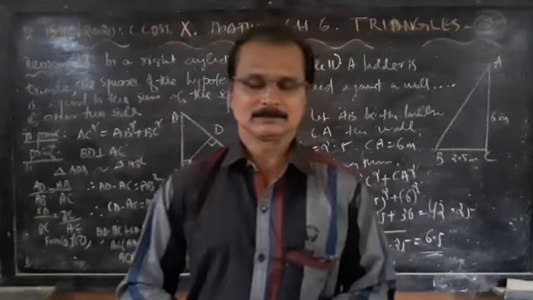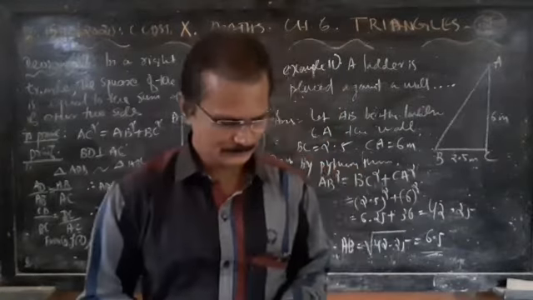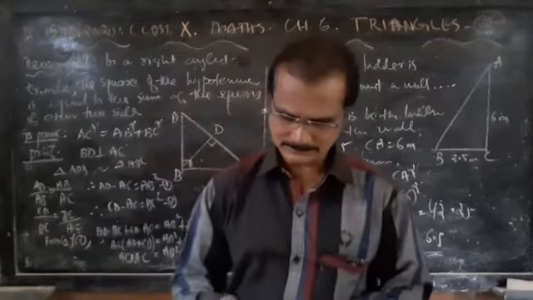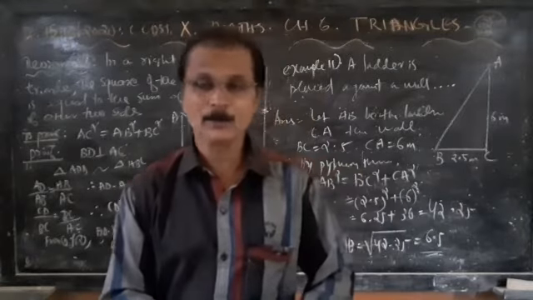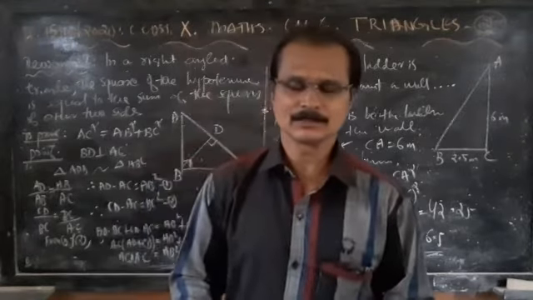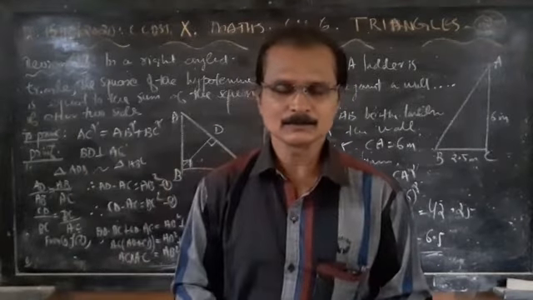So it's very important. Theorem 6.8, page number 145. The heading is Pythagoras theorem, and the theorem is given here. You can expect the question, state and prove Pythagoras theorem.